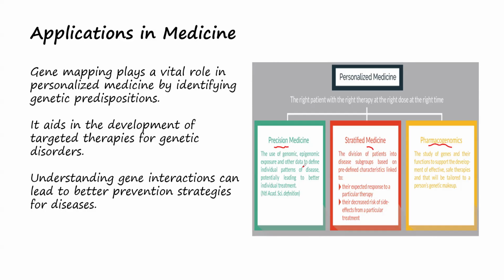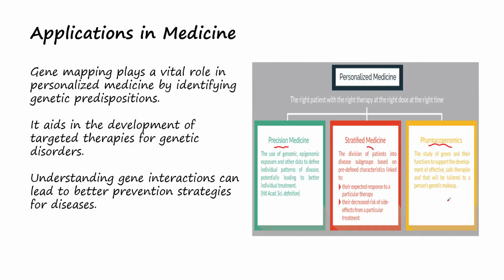And then stratified medicine is the division of patients into disease subgroups based on predefined characteristics linked to the expected response to a particular therapy, or decreased risk of side effects from a particular treatment. And then, of course, pharmacogenomics, which is also part of personalized medicine, is where you study the genes and their functions to support the development of effective therapies that will be tailored to a person's genetic makeup.